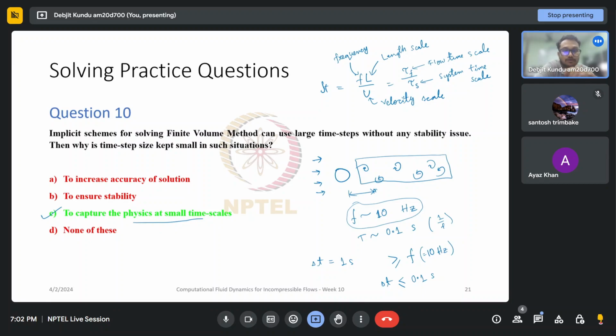But to what level of resolution you have to go to pick up all these frequencies, or just to study the physics which is going on, then this idea becomes important.